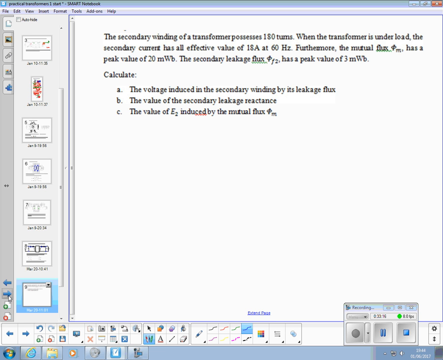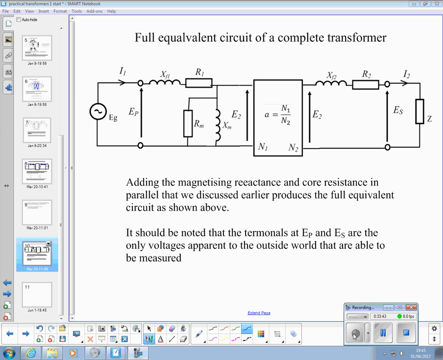Calculate the voltage induced in the secondary winding by its leakage flux, the value of the secondary leakage reactance, and the value of E2 induced by the mutual flux. We'll move on to better examples.